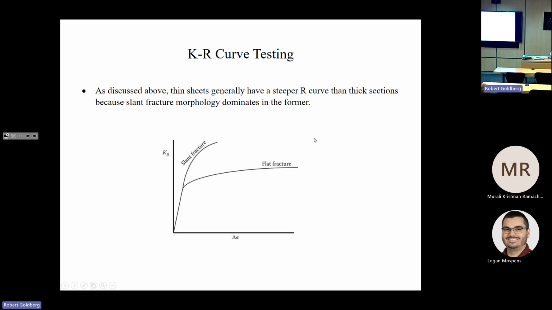And thin sheets generally have a steeper R curve than thick sections because the slant morphology dominates in the former. If you have a thin sheet, you have lots of area with slant fracture and just a little bit with flat fracture.